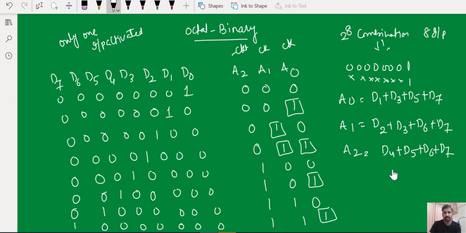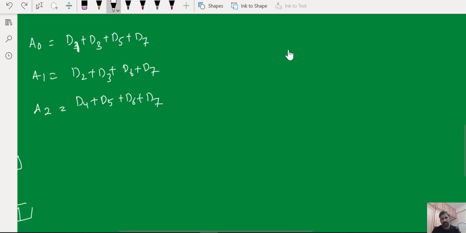So now I can construct my circuit by using these output expressions directly. You are going to take D0 to D7 as the input side, and you are going to connect your circuit. Let's pick my inputs here: D0, D1, D2, D3, D4, D5, D6 and D7, and I'm going to take 3 OR gates, 1 OR gate for A0, 1 OR gate for A1, 1 OR gate for A2.